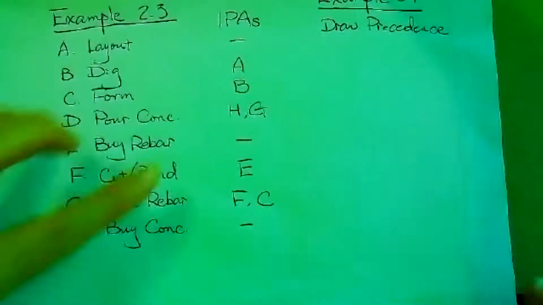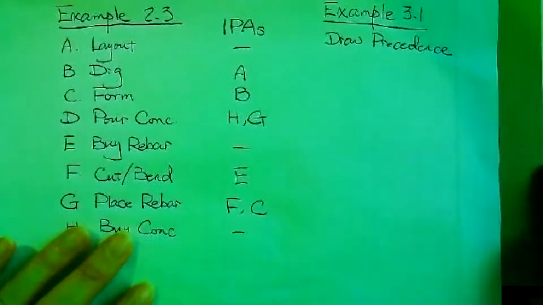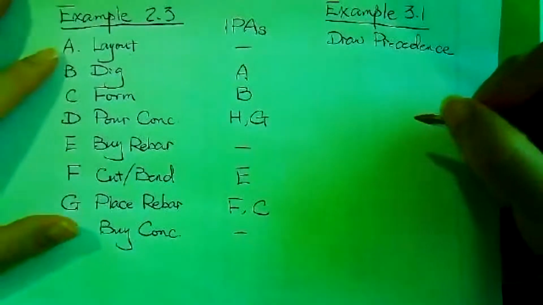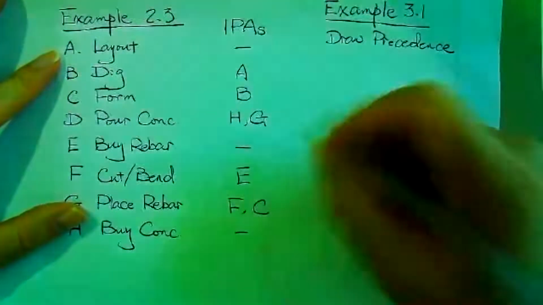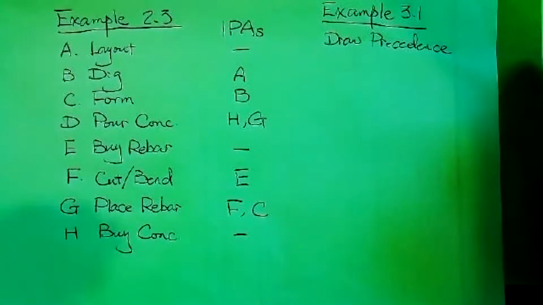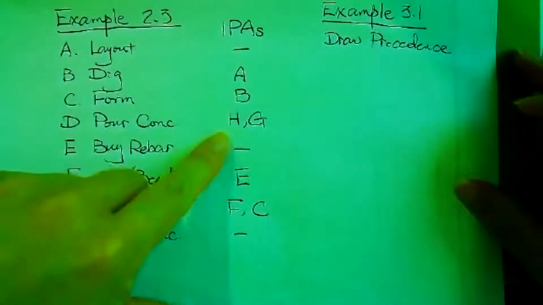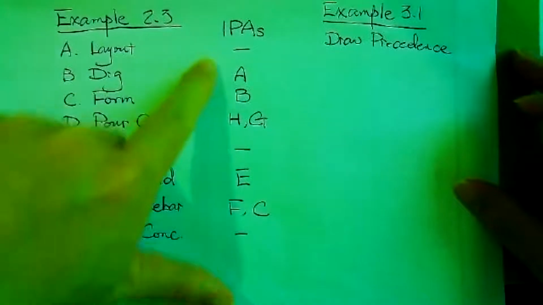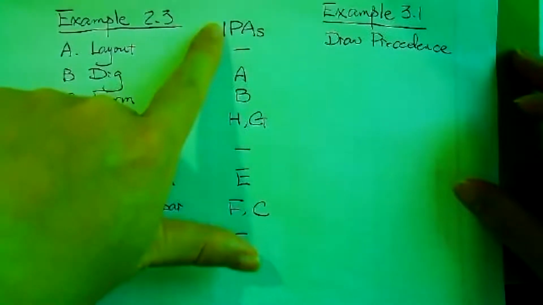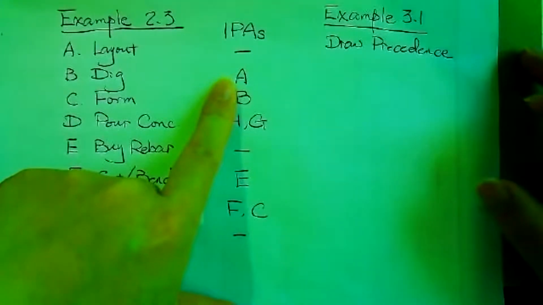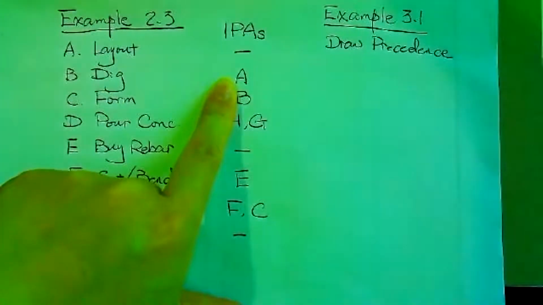Again, go over the table one by one. So first, which activity is the starting point? There are several starting points, but typically we start with the actual construction type of activity, not procurement.